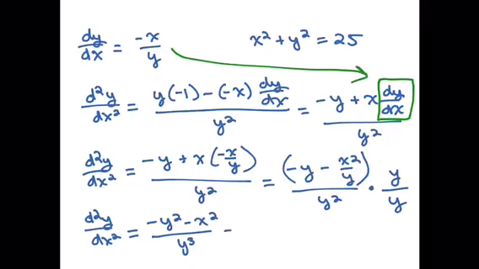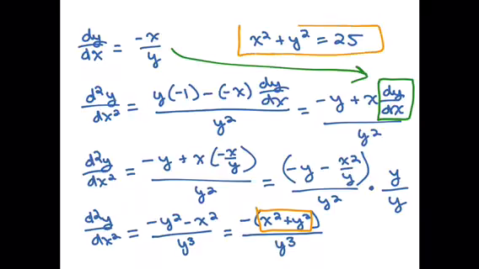Now, I'm going to rearrange my numerator a bit here. I'm going to factor out a negative 1 and write it as negative times the quantity x squared plus y squared, over y cubed. When I do this, I see that x squared plus y squared was actually my original equation, and it is equal to 25.